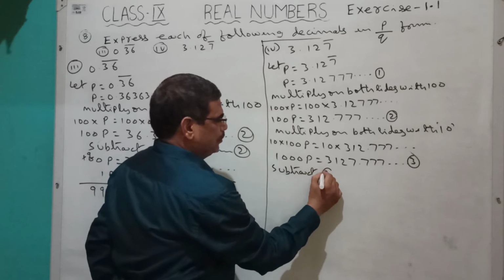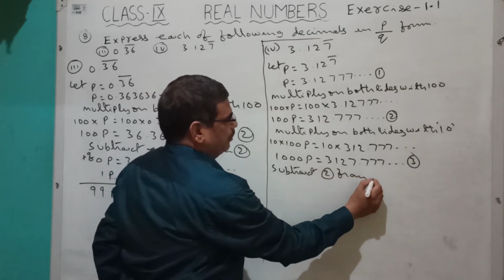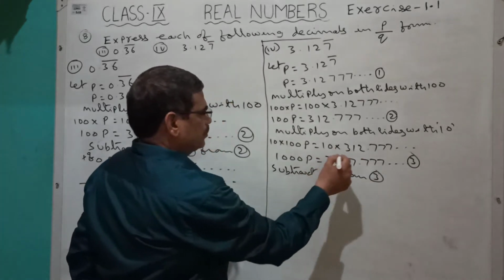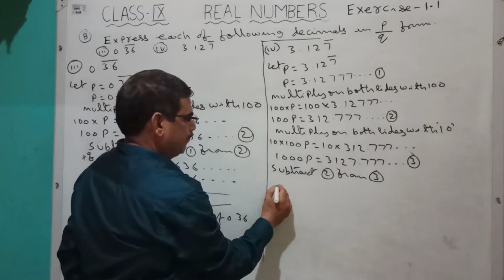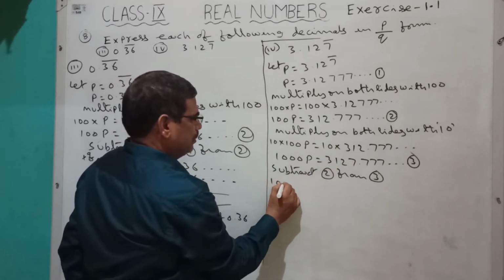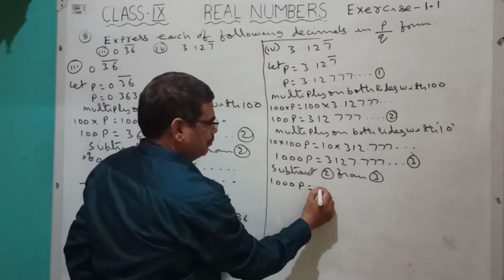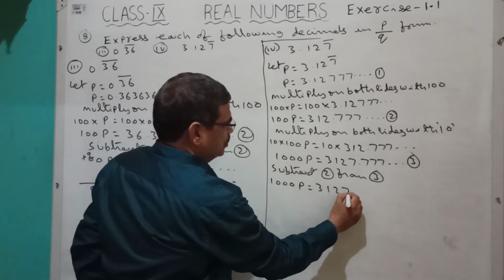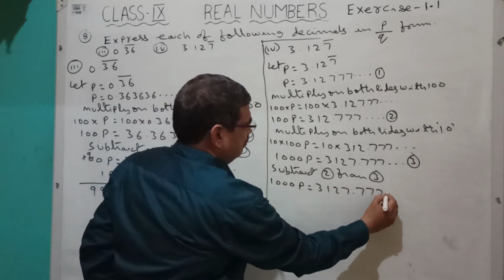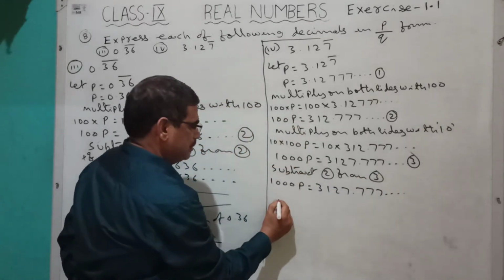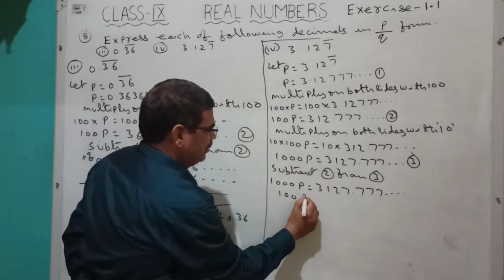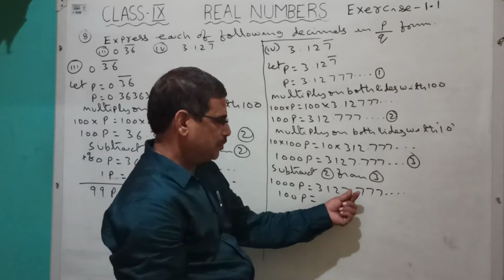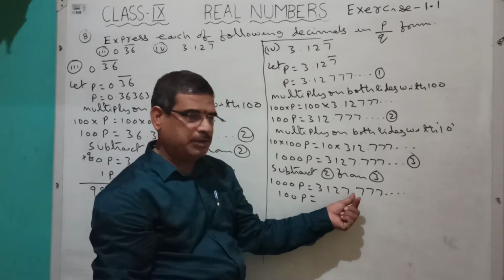Subtract 2 from 3. So what is 3,000 P is equal to 3127.777 and so on. This is 100 P is equal to, first we have to put a point below the point.